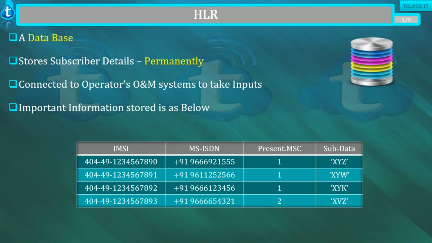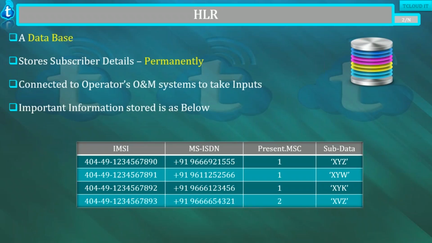Again, IMSI and MSISDN are two identities for the mobile. That is well and good. There is no problem with that. Now, what does this present MSC mean? Your HLR notes down that the mobile has registered with which MSC, under which MSC the mobile is right now.